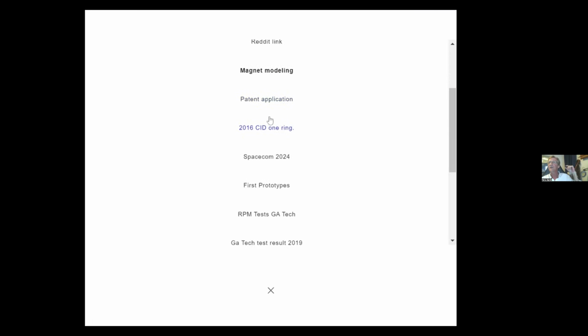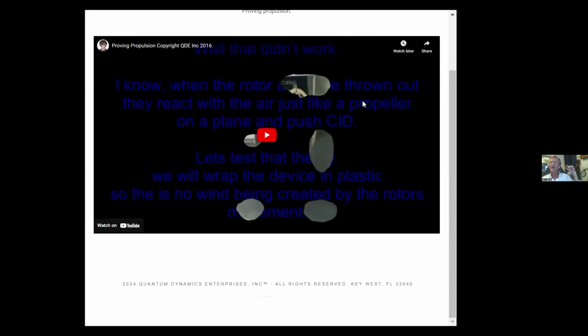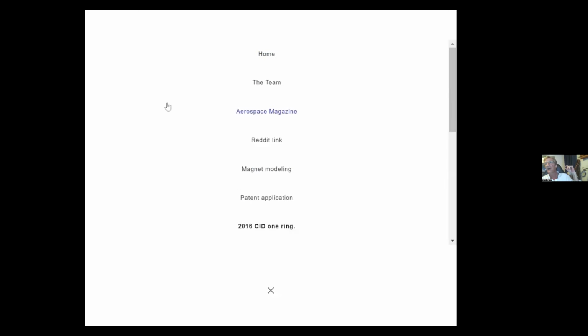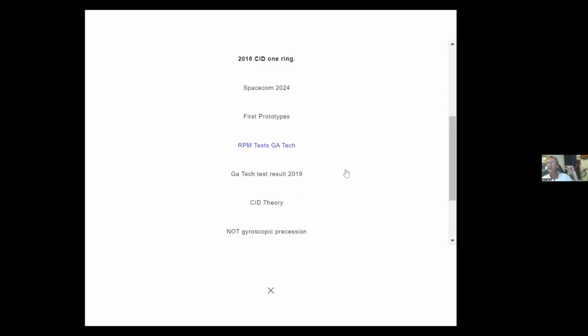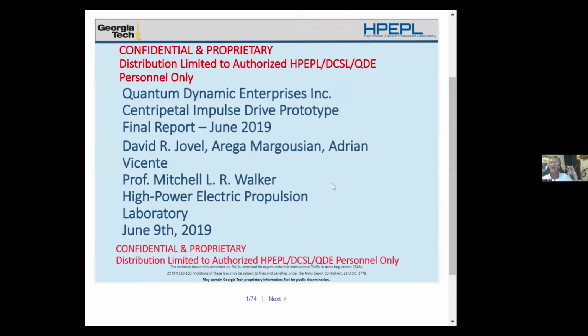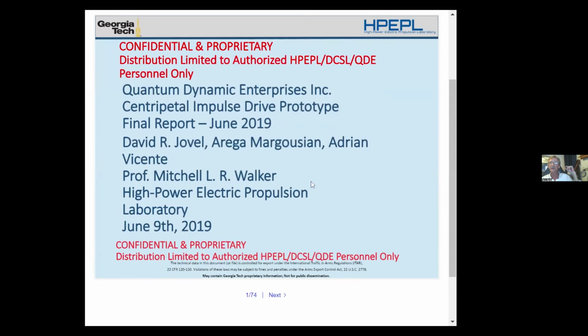So I then went and built a prototype in 2011. And I went to Professor Mitchell Walker at the Georgia Institute. And I asked him, I said, hey, I have an idea. I think I've found a way of producing propellantless propulsion. And he said, what?